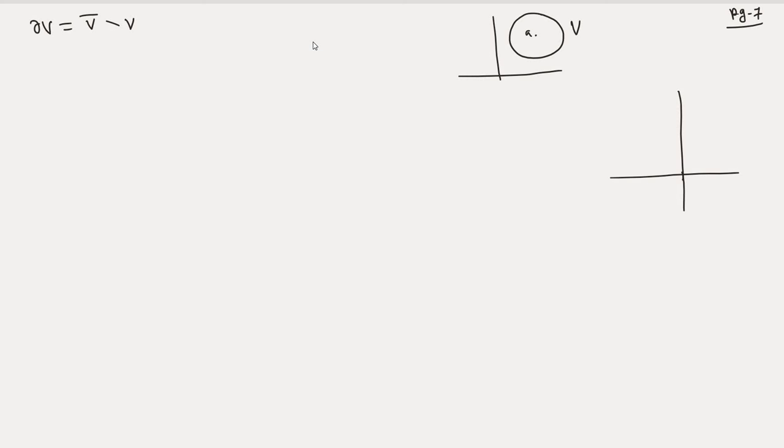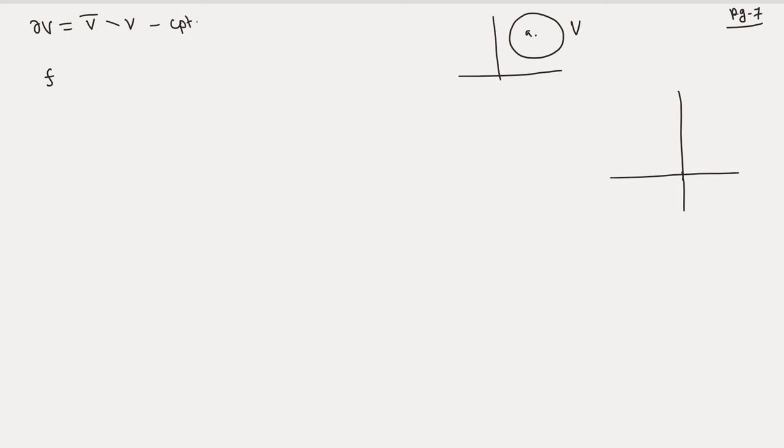Next page number 7. Now note the boundary of V, that is V closure minus V. Let me draw: this is A and this is V. This is compact.